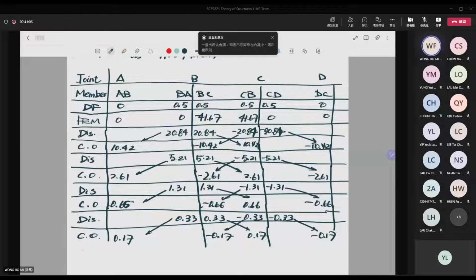Actually, after carryover, we need to distribute again. Then we may stop here, because the numbers are already small enough.